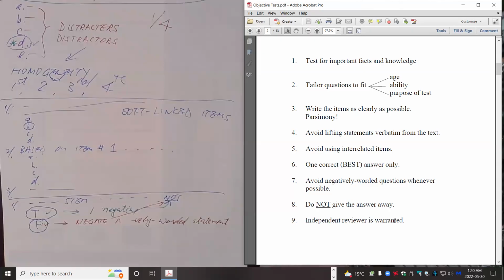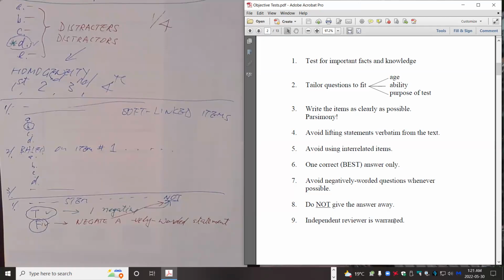Preferably by a teacher who teaches the same subject matter. Ask this teacher to look at the item difficulty, the adequacy of content sampling, plausibility of the distractors, see if they are homogeneous to the correct answer, adequacy of the scoring key, okay, and technical quality of the items like sentence expression, ambiguous wording, grammar, and so on, okay?